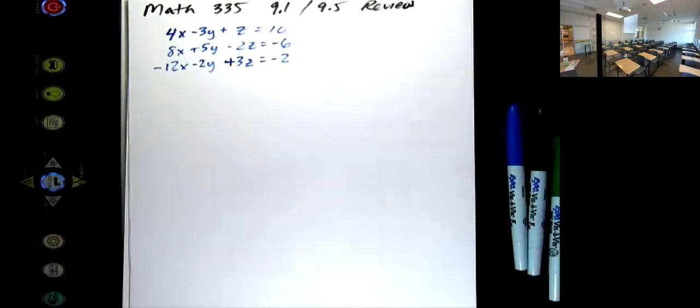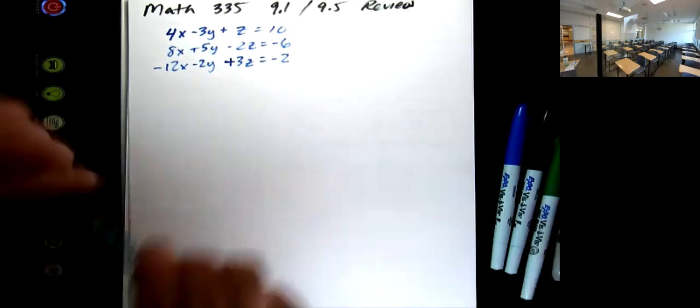We have some options. We can pick a letter to get rid of first. Now, z might look like the easiest one to go with.